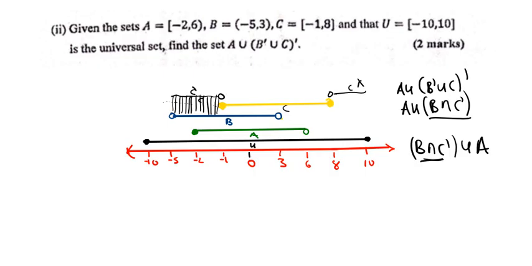Of course, where we are interested now is -5, right? Are we including -5 or not? -5 will be open. Good.